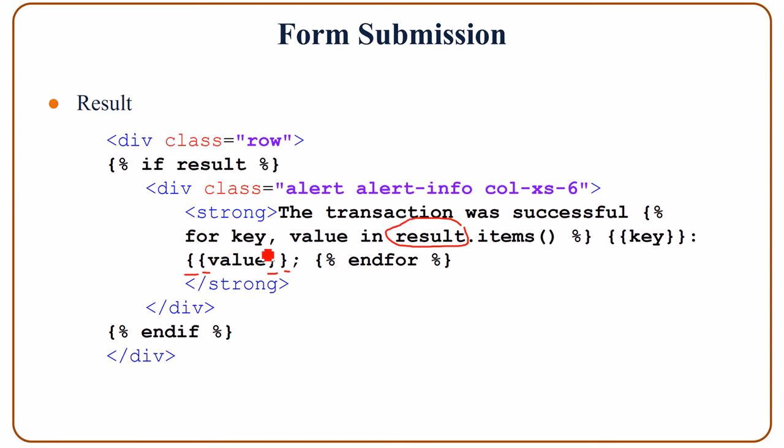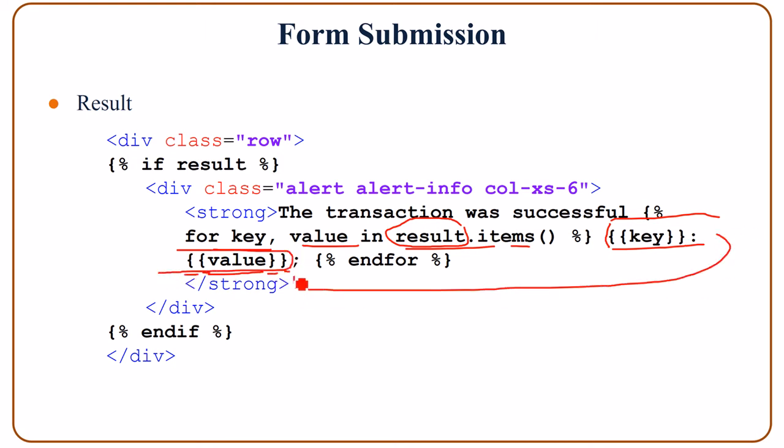So you loop in result.items for key and value, and print the value as also key. Actually, this should be one row together, displaying the key column and then the value.